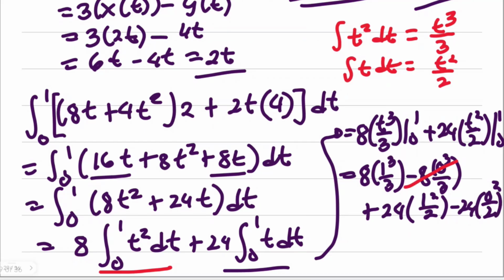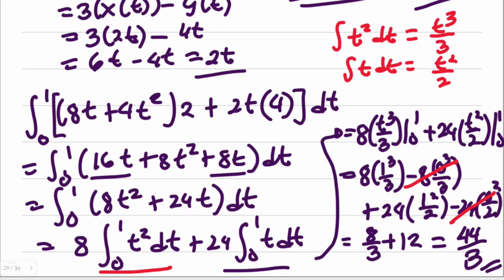This is 0, that's 0. So you will have here 8 thirds plus 24 times 1/2 is 12. To combine them, of course, by LCD, by 3, that's 36 plus 8, you will have here 44 thirds. This is the answer to the question.